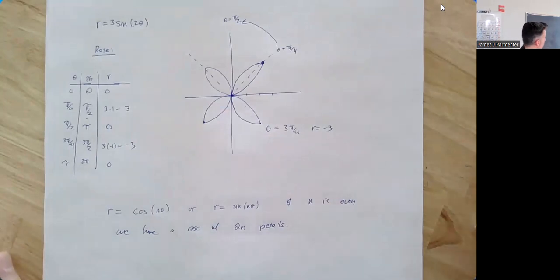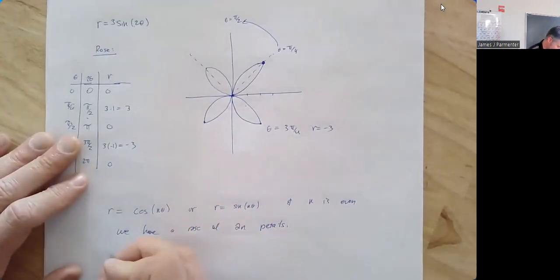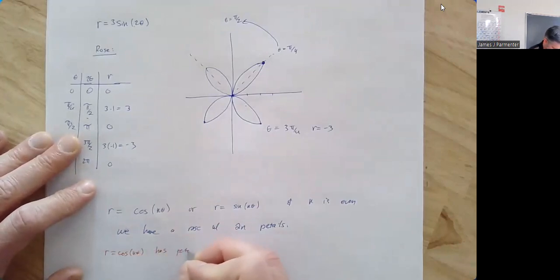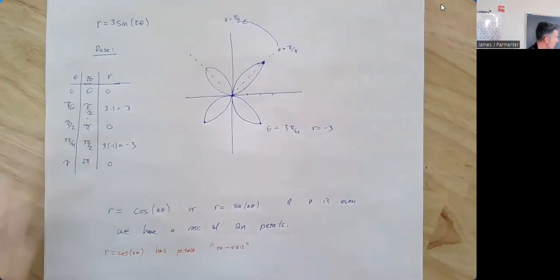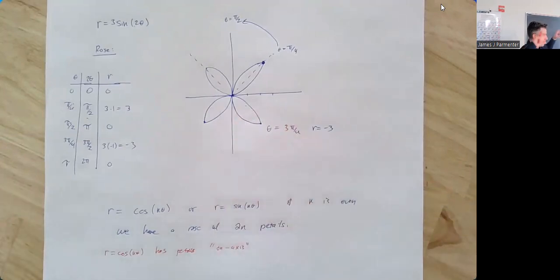And interestingly, I think it's interesting, the cosine one has petals that are on axis. So if it was cosine of 2 theta, all the petals would be on the coordinate axis.